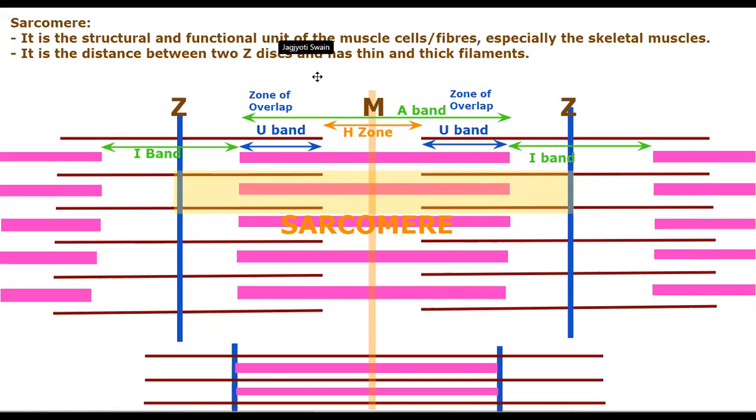Now here we will have a spring-like structure, which connects the M line. Similarly here also it will be there, with the Z disc. So this is a spring-like structure. Actually, we will have to make it like a spring.